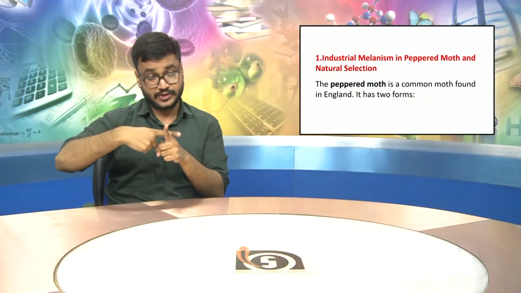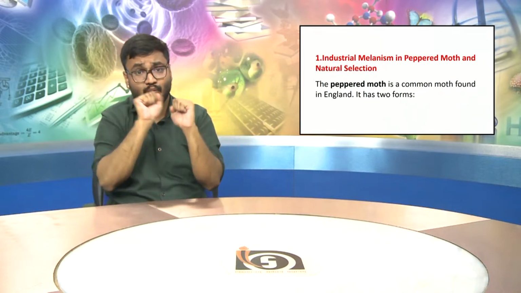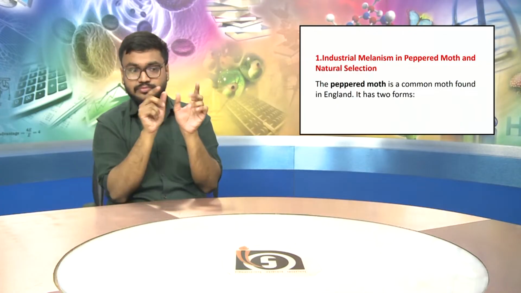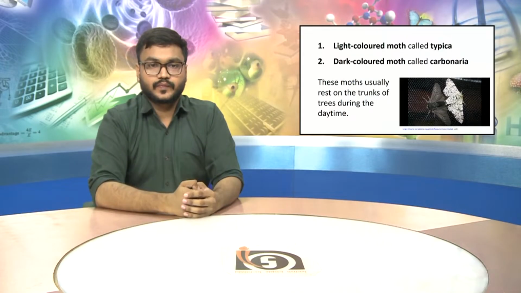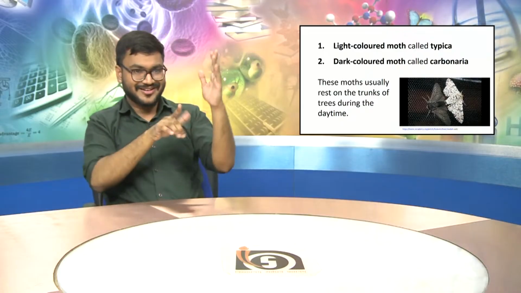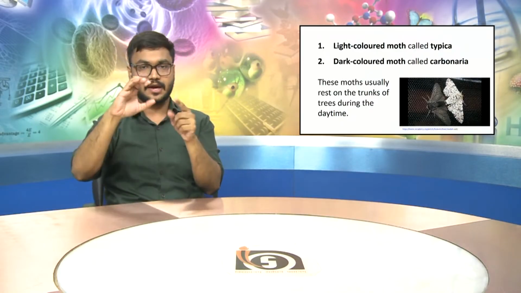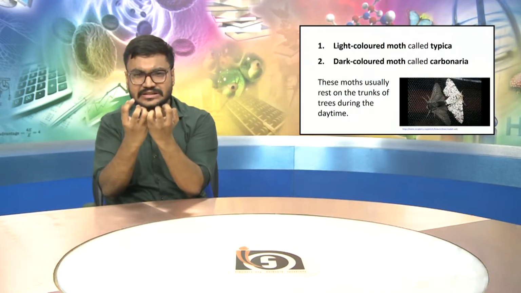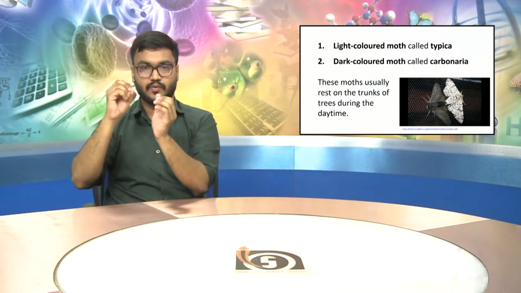The peppered moth is a common moth found in England, and it has two forms. First is light colored and the second is dark colored. The light colored moth is called Typica and the dark colored moth is called Carbonaria.